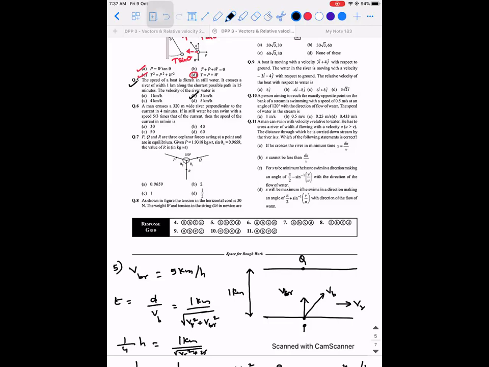So it is 3 kilometer per hour. Similarly, you people do the sixth one. Do it fast and tell me.